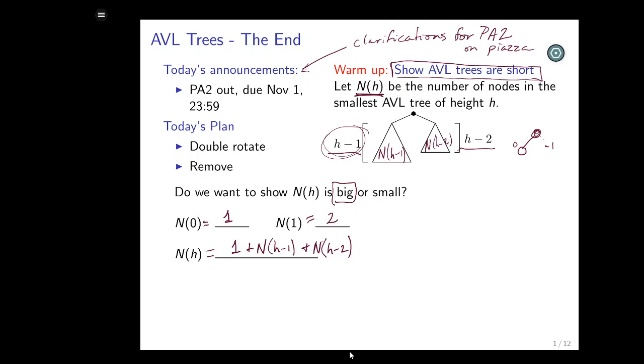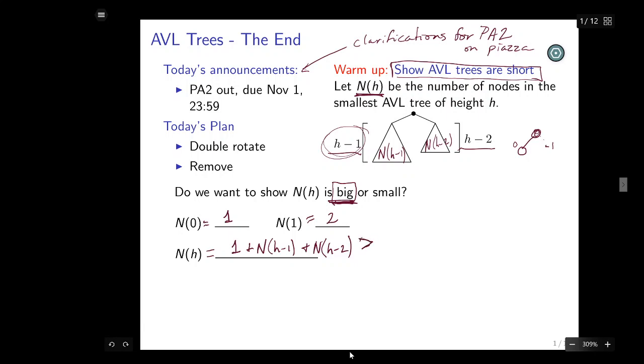Now the distressing part is that this is complicated. But we don't care, because all we care about is showing that n of h is large. So here's the trick. Let's say this is greater than what?